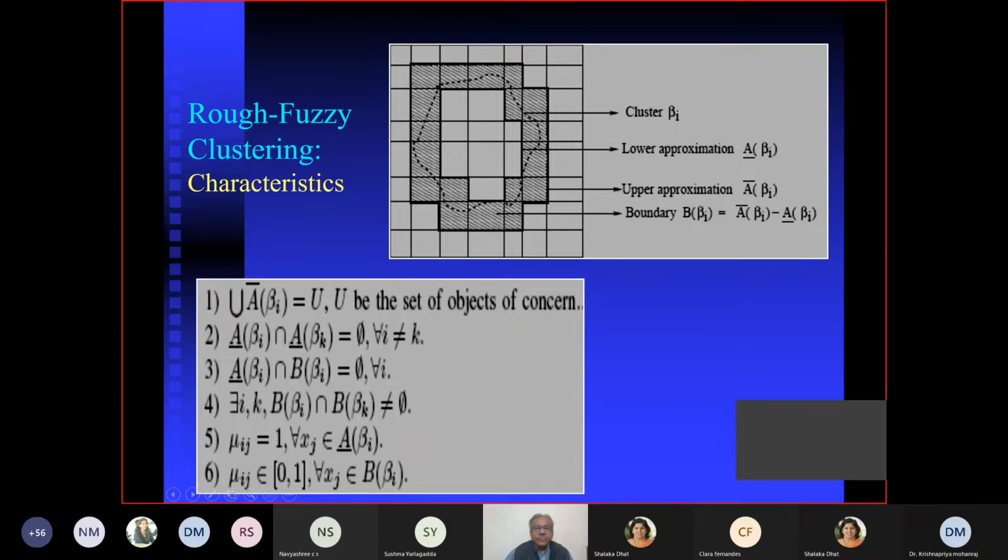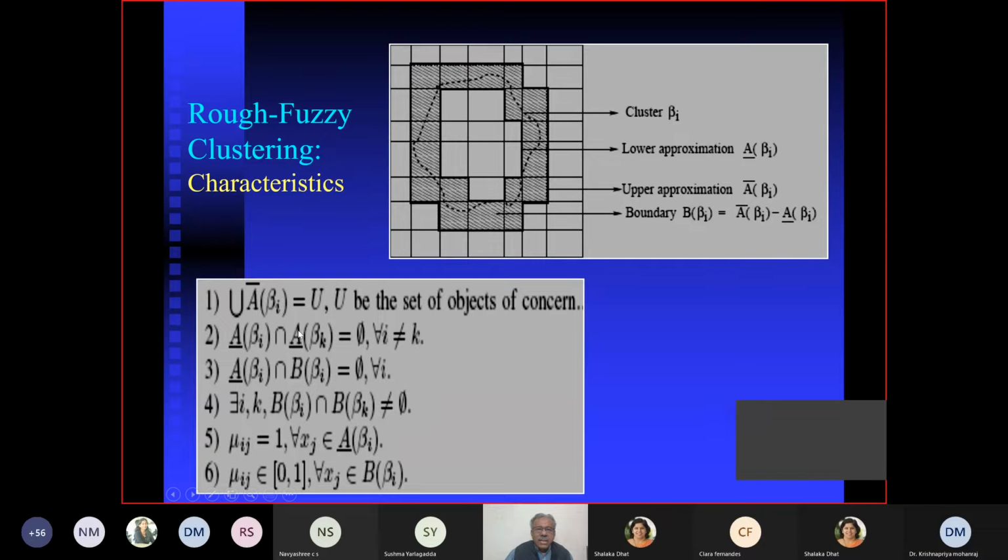Definition. The union of the lower approximations of all clusters, and the union of the upper approximations of all clusters, will be the universe. The intersection of the lower approximation for the ith cluster and the kth cluster is an empty set, because there is no intersection.